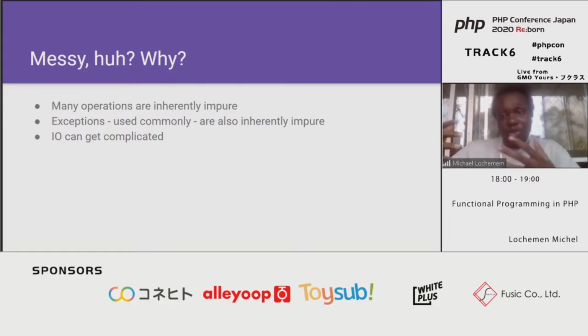Now you're doing stuff in the real world. You're trying to connect to this database. You're trying to make a call to this API, right? Those kinds of things. And many of those operations are inherently impure, right? And many of those operations require you to use exceptions, which are also inherently impure, right? And we'll see why. And so I/O just gets really complicated.